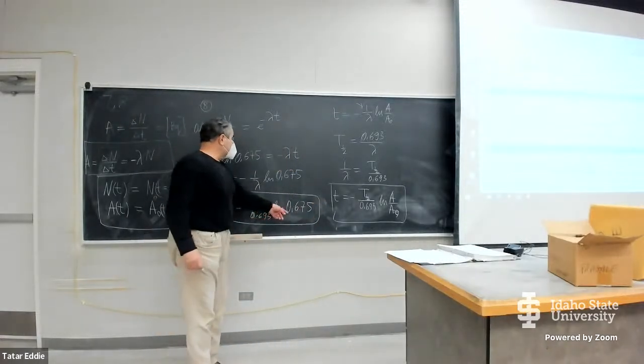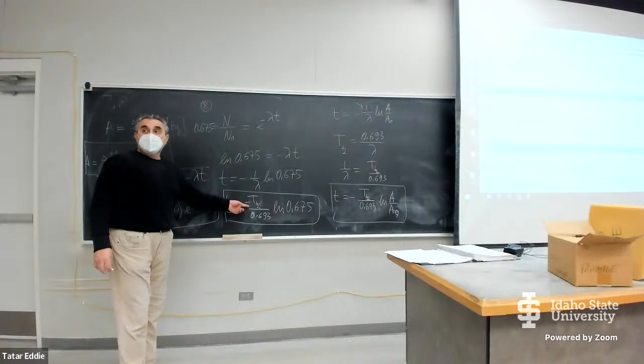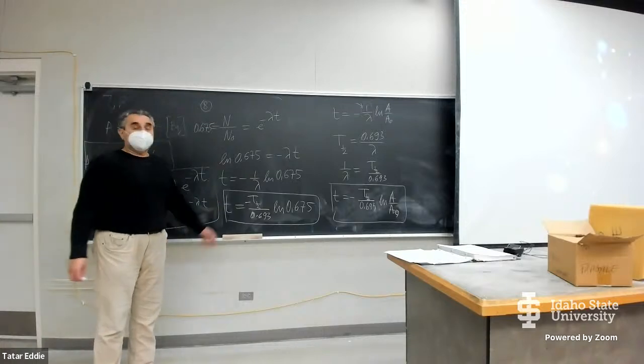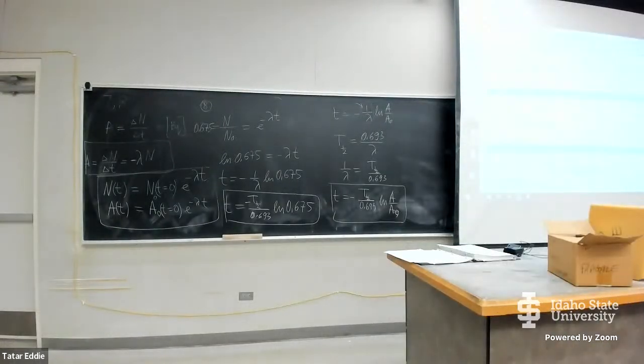The natural logarithm of 0.675 is a negative number, so the negative signs cancel out, and you get the age of the sample. For my version, the number that you have to get is 2.53 billion years. So it is really a very old rock formation. Probably some of the oldest rock formations geologically are about this age. They're quite rare, by the way.